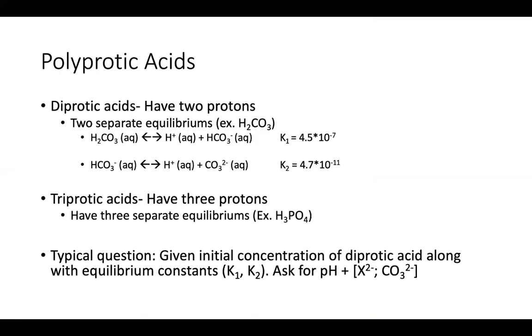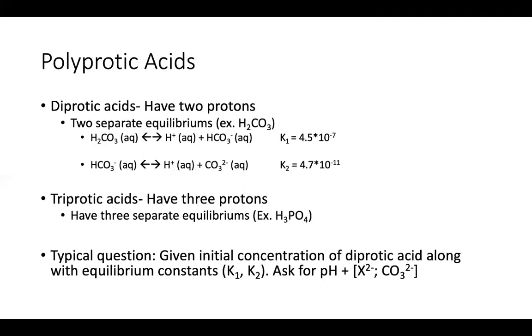So diprotic acids just have two protons. Examples of this would be sulfuric acid, carbonic acid. Those are honestly the only two coming to my head right away, but those are the two most common ones you will see. Especially in this course, you will see carbonic acid problems a lot.